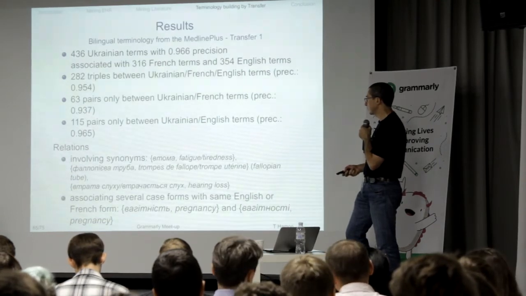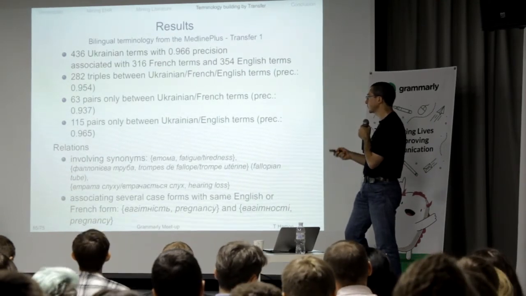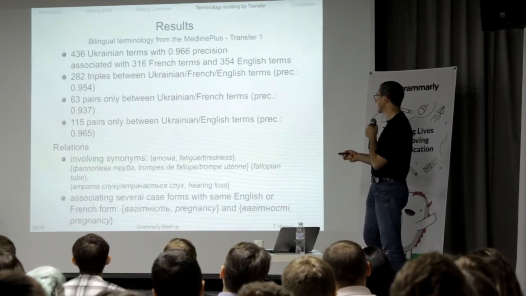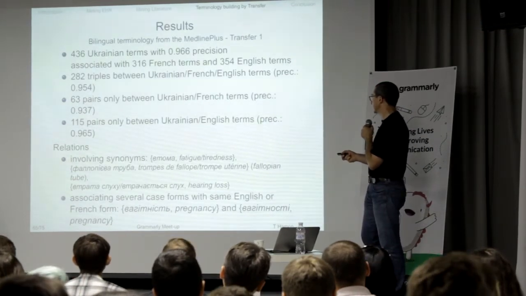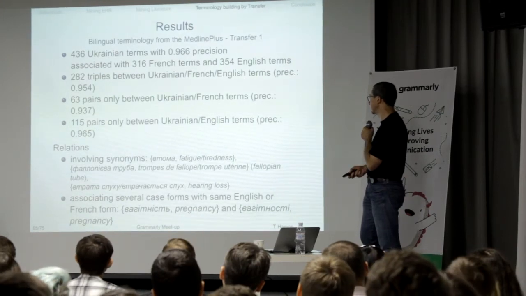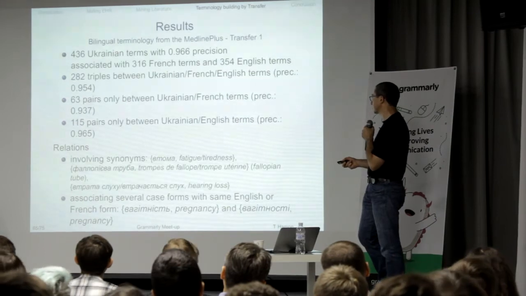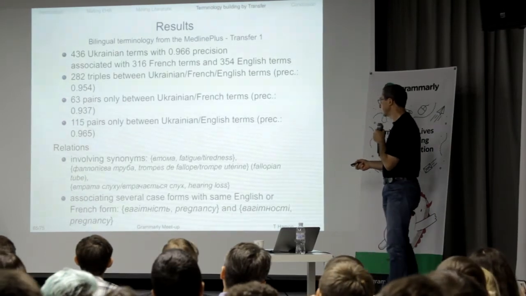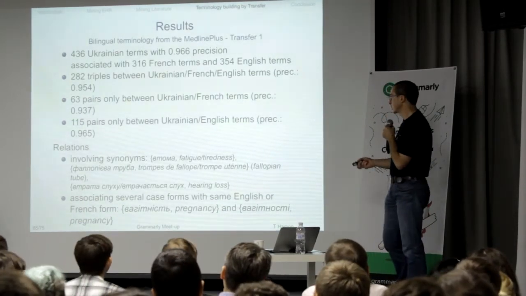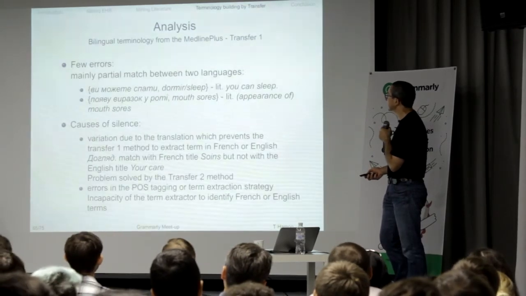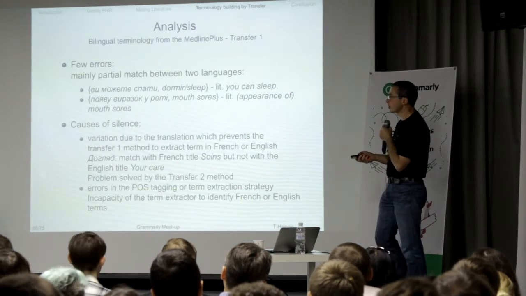We observe that some relations involve synonyms, for instance with two synonyms in English. Also, we observe several case forms with the same English or French form. There are few errors.